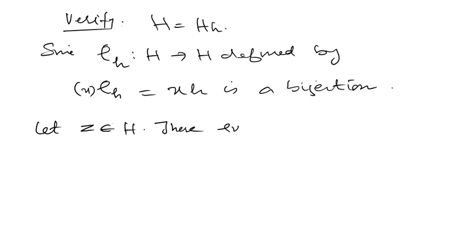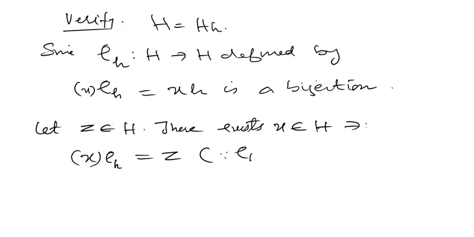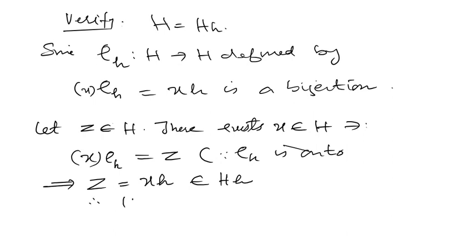So there exists x in H such that x rho h, the image of x under rho h, is equal to z, because rho h is onto. So z is equal to xh by definition of rho h, but xh is an element of Hh, because x is in H. So therefore H is a subset of Hh.